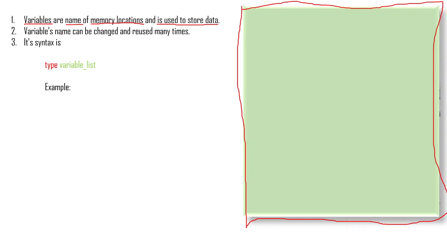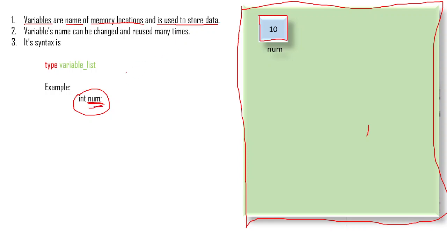Let's say we write int num. This num is a variable, because it is a name of what? When we declare this as num, inside the process, which has been given some memory, some memory will be allocated to store the value of num.